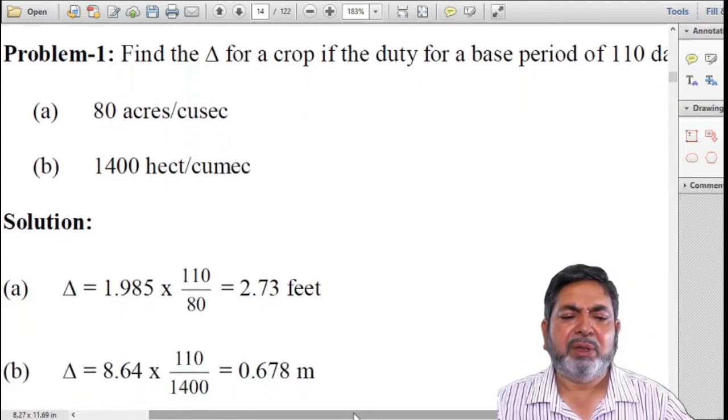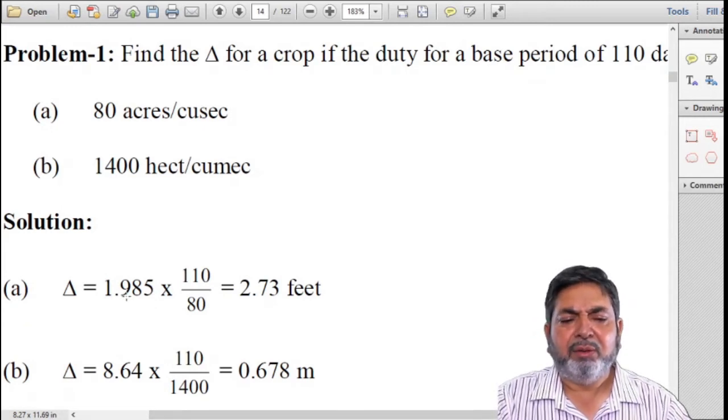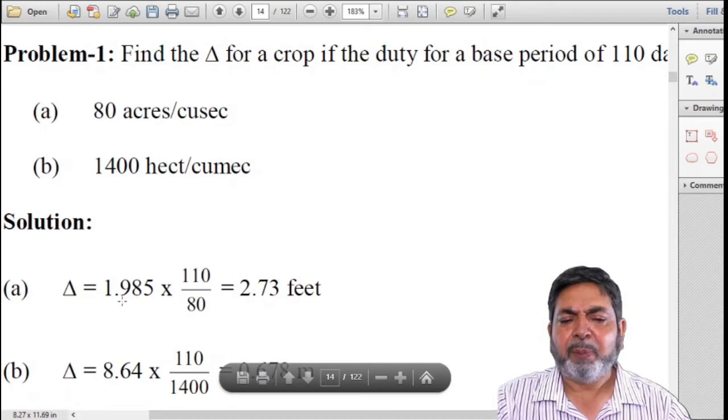So you can see that delta for the first case will be 1.98.